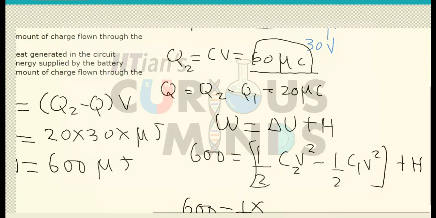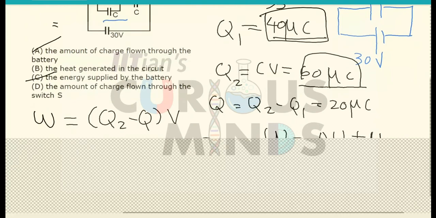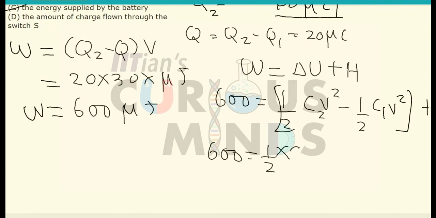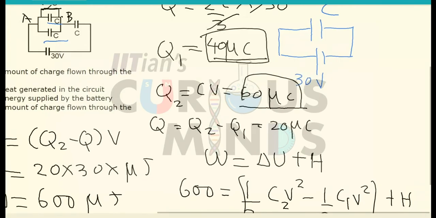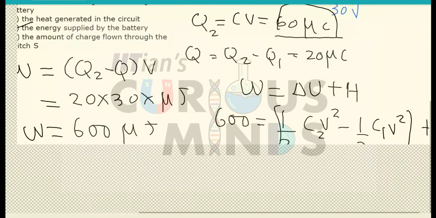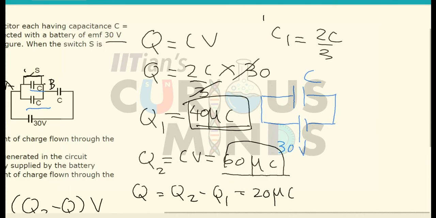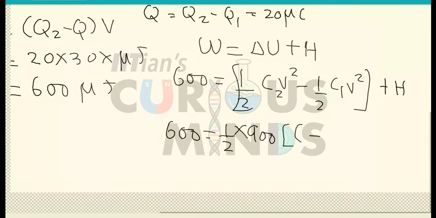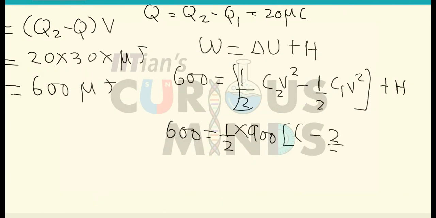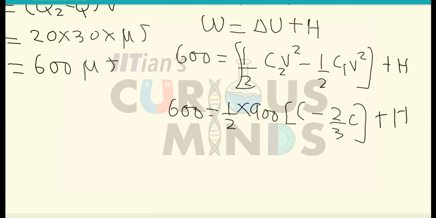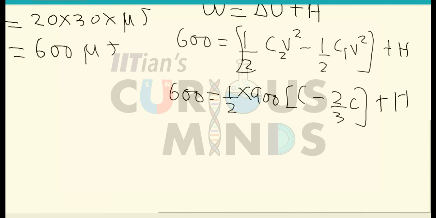So half into V square, where V is 30 volt, which is 900, into C2 minus C1. The final capacitance is just equal to C and the initial capacitance I have seen is equal to 2 by 3 C, plus H. Now this is in micro, and the capacitance I am also taking in terms of micro.